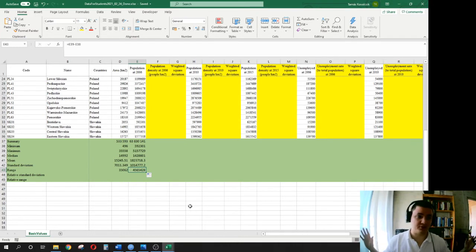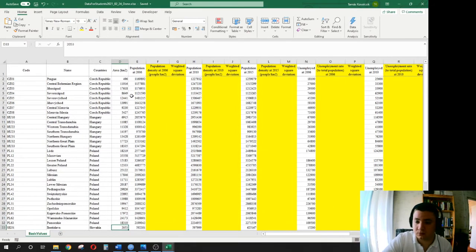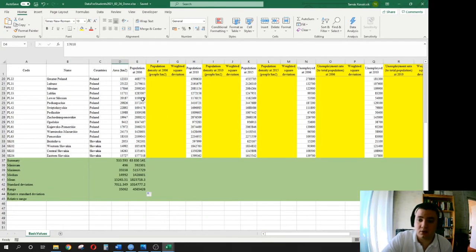We have all of the indicators for the absolute values, but for the comparison of two datasets, we cannot use these indicators because we have 10,000 and 20,000 values in the datasets of the area, but we have a million values in the population dataset.